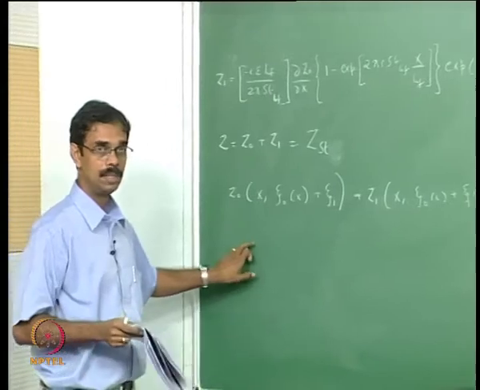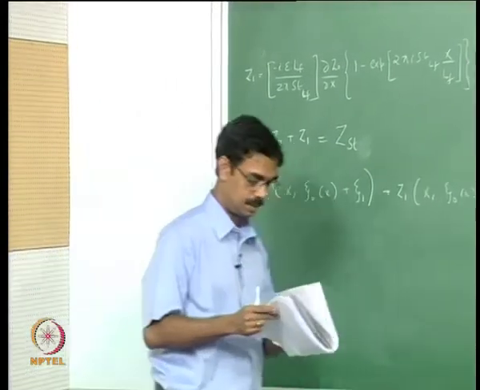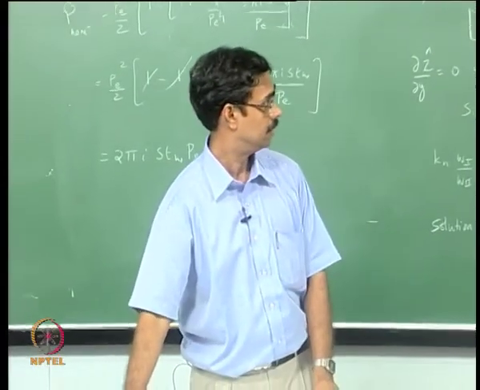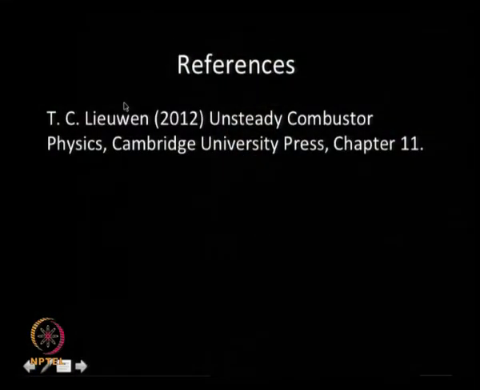So we will have to implicitly solve for this equation. I will show you how the solution looks. We will see the results from Leuven. I am showing this with his permission.